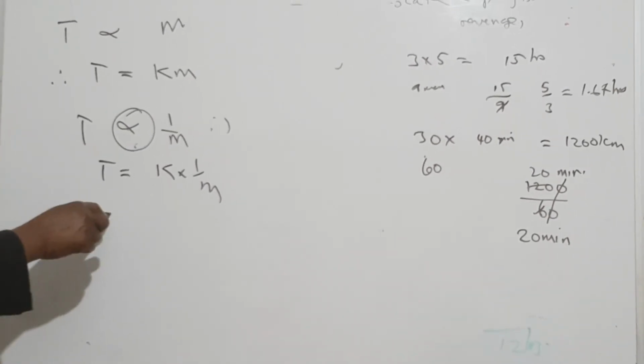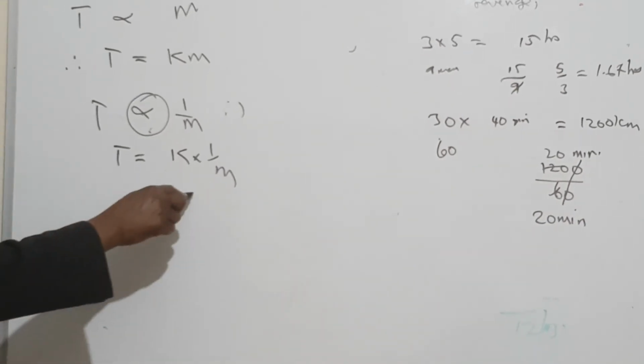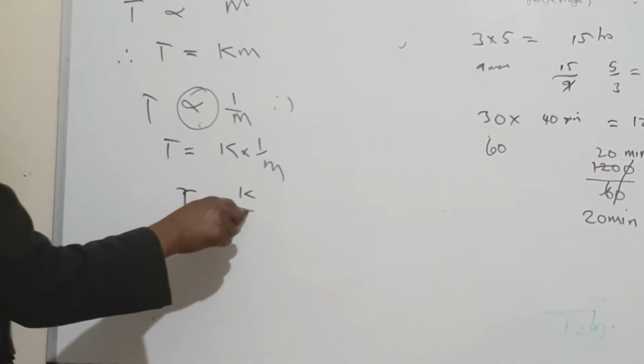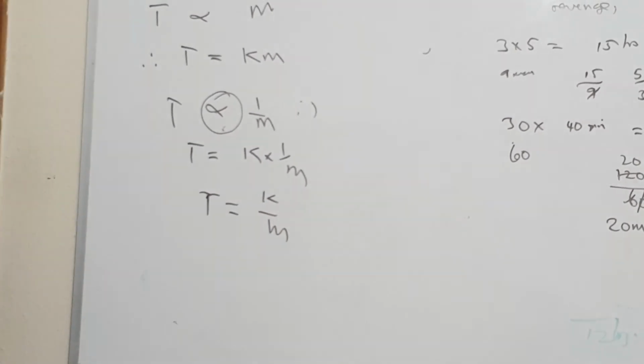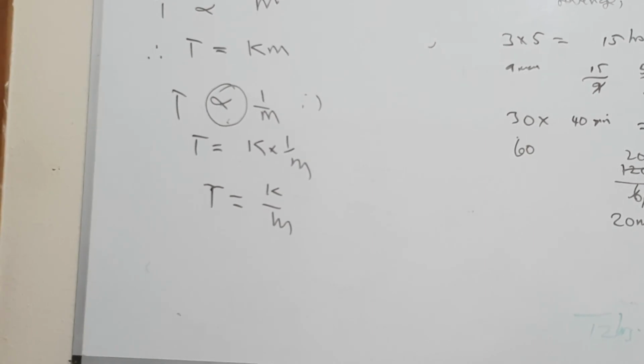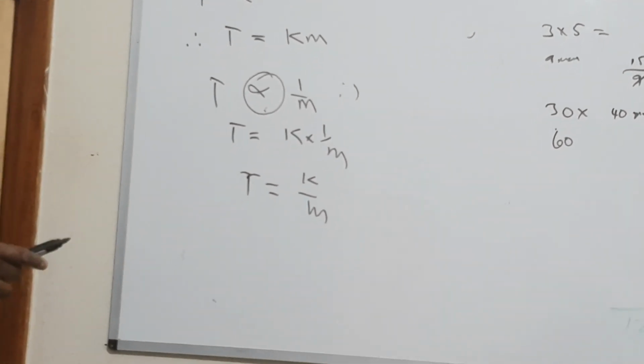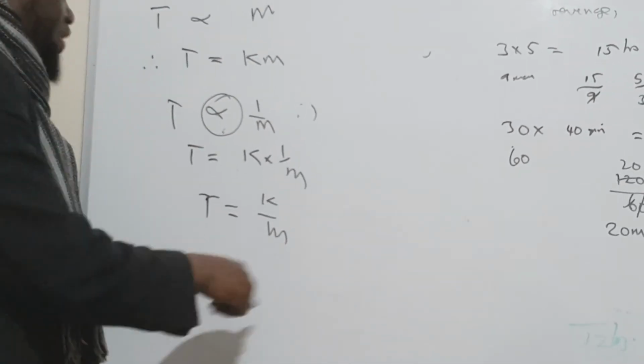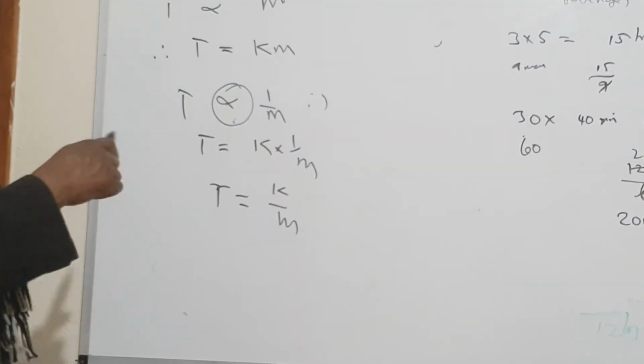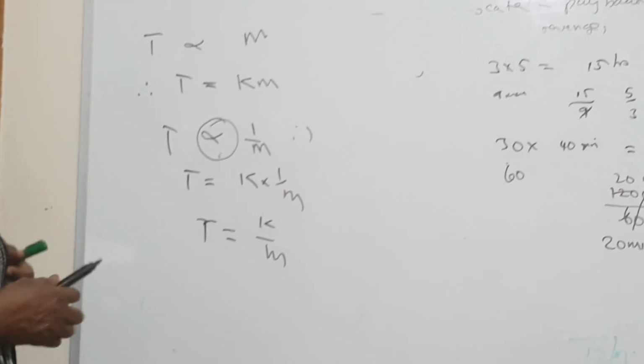So T is equal to K over M. Then you find K. This is called direct and inverse variation, or direct and inverse proportion. Since we have not done algebra, I want to leave this until we do algebra, okay?